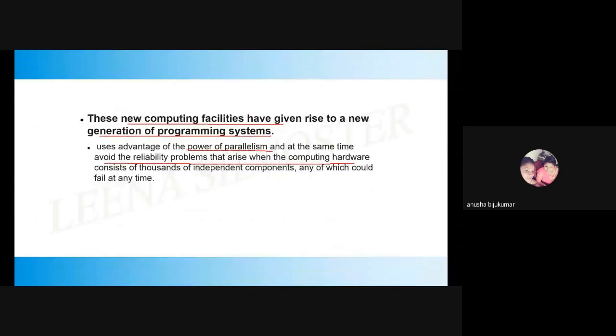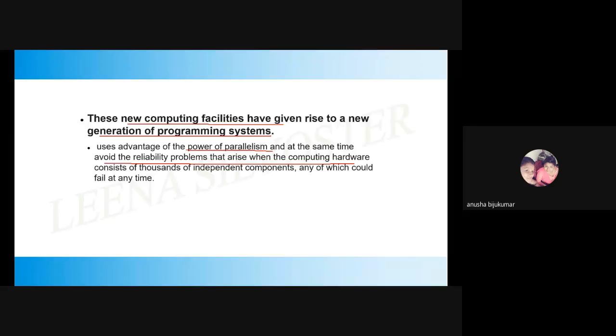These computing facilities give rise to another generation of programming language. It uses the advantage of parallel processing and it avoids the reliability problems that arise when the computing hardware is used.